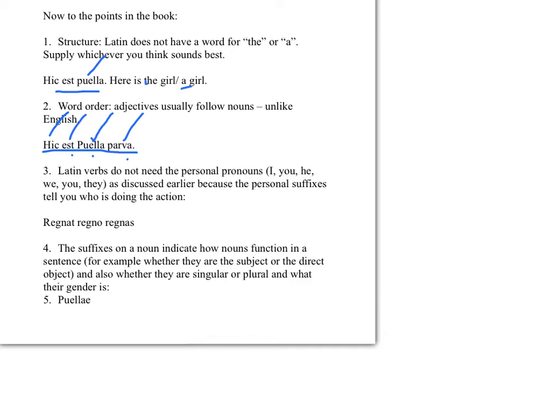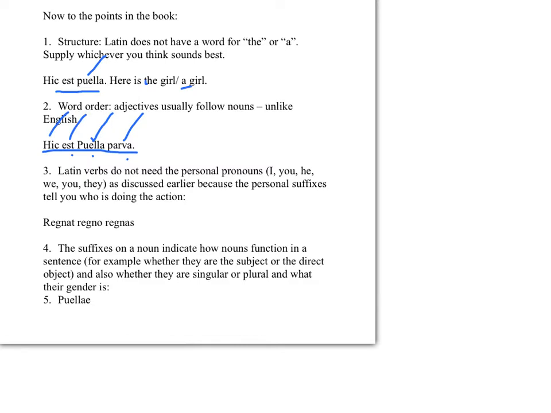Please do not translate that in this class. That should be translated as something like, here is the small girl, or here is a small girl. So you have to supply both the or a, and you have to rearrange the word order so that parva, the adjective small, comes before the word girl, as is natural in English. Here is the small girl.